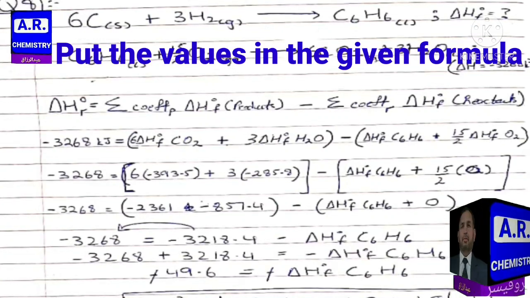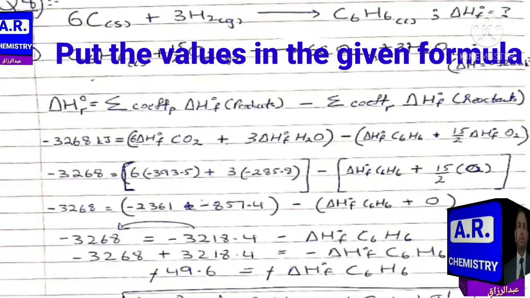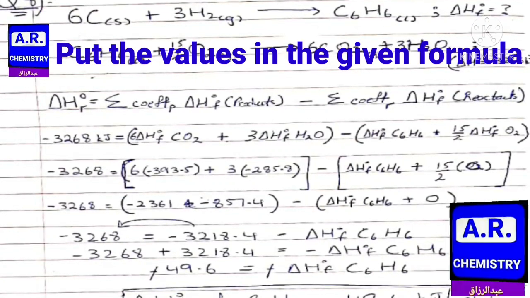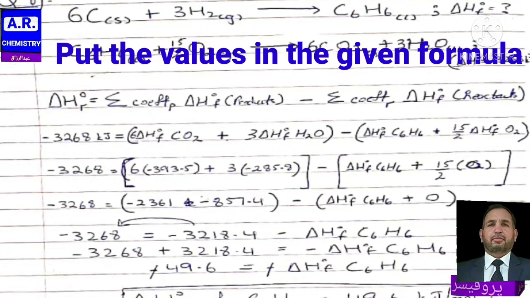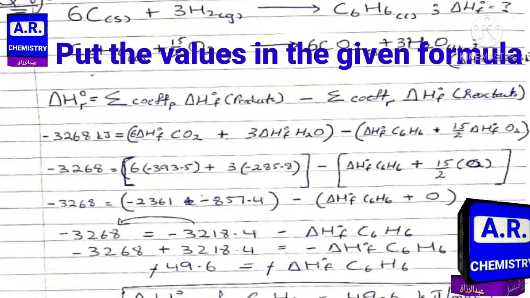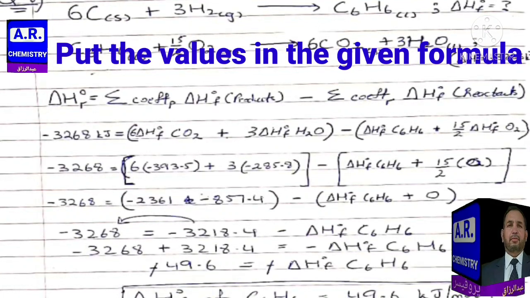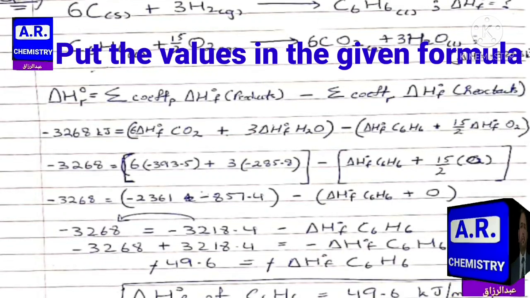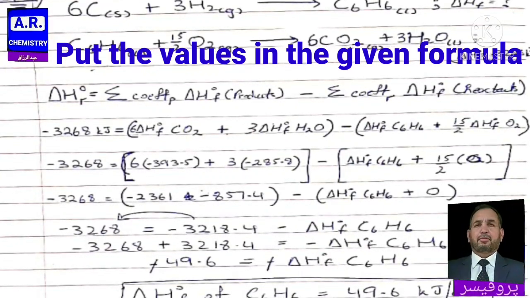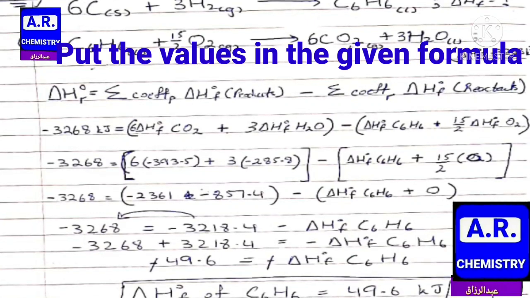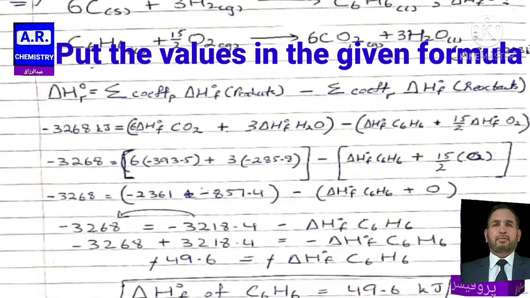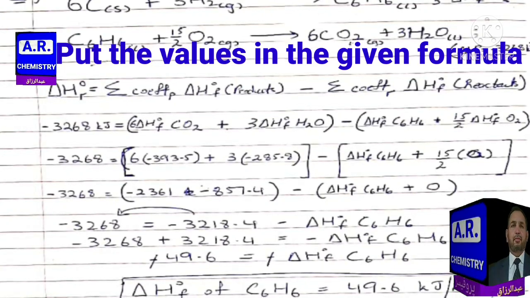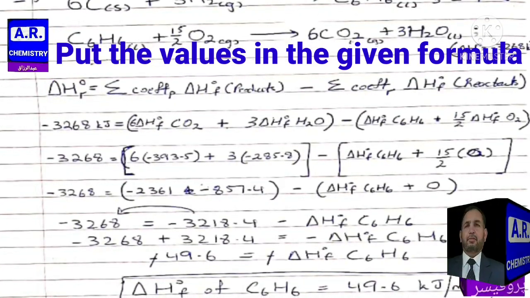These are the enthalpies of formation of products multiplied with their respective coefficients, minus, according to the equation which you have written, the enthalpy of formation of benzene, delta H naught f of C6H6, plus 15 by 2 O2.